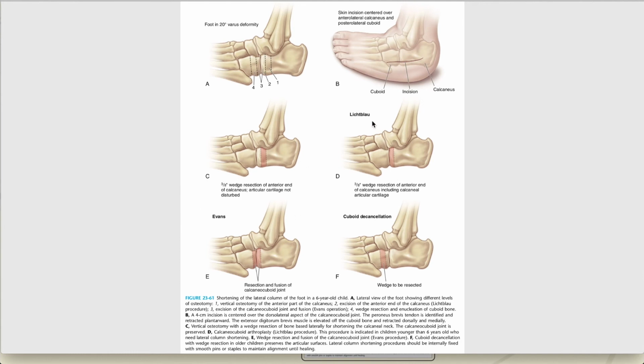There are also the ones proposed by Lichtblau, or also the cuboid decancellation technique. You could see here that each of these techniques has its own success rate. You could find journals associated with them, or just basically remember this picture inside your mind so that you know which part of the bone is actually cut when you do these procedures.